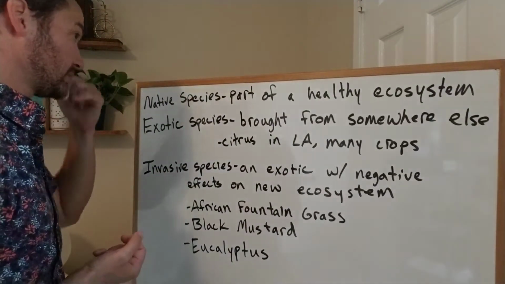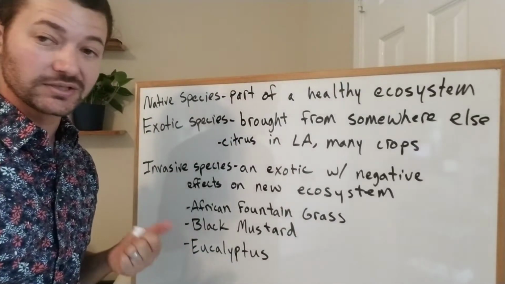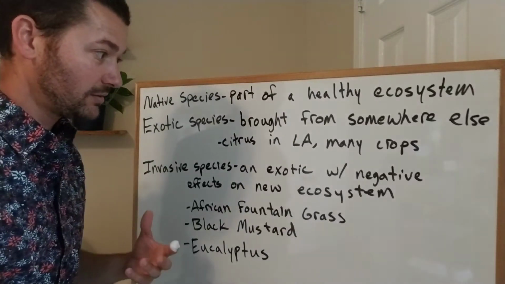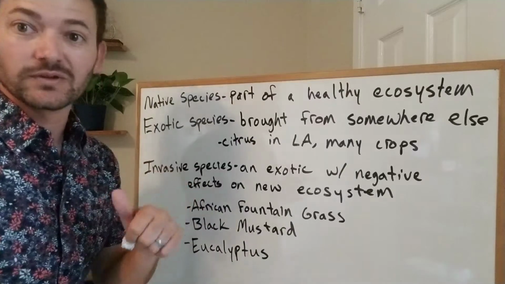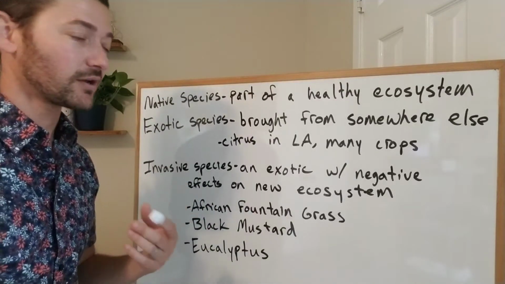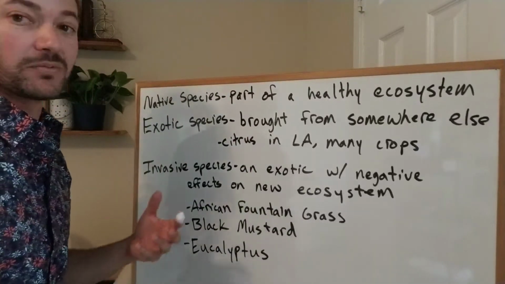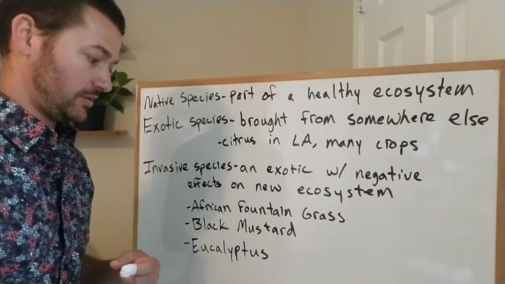But native species, they're part of a healthy ecosystem. So they interact with other plants and animals and microorganisms in a positive way. Like, mountain lions eat stuff. Is that a positive relationship? Yeah, if you have too many deer, then the deer eat all the trees and the saplings, and that causes soil erosion, people hit them with cars, and all kinds of trouble happens, which we see in middle America right now.